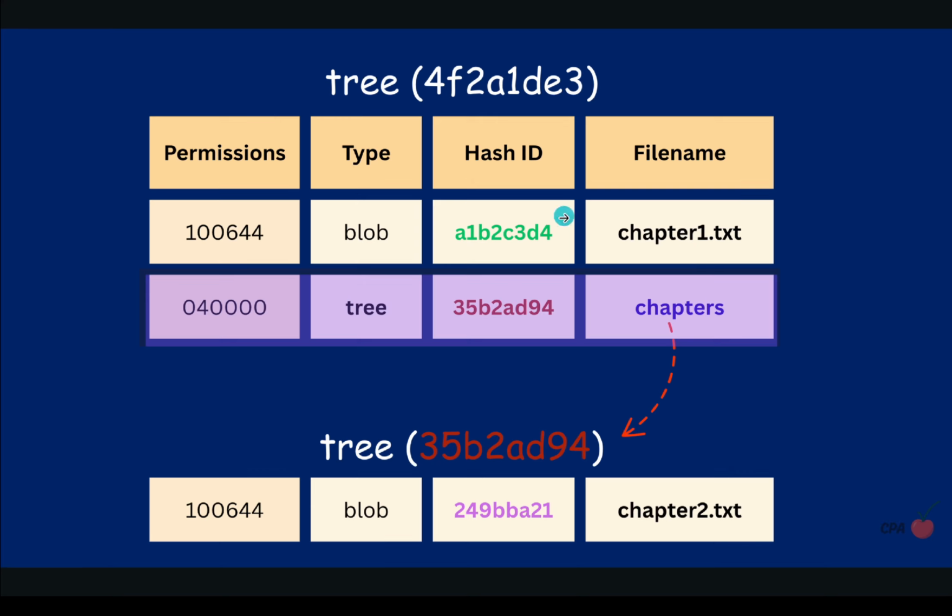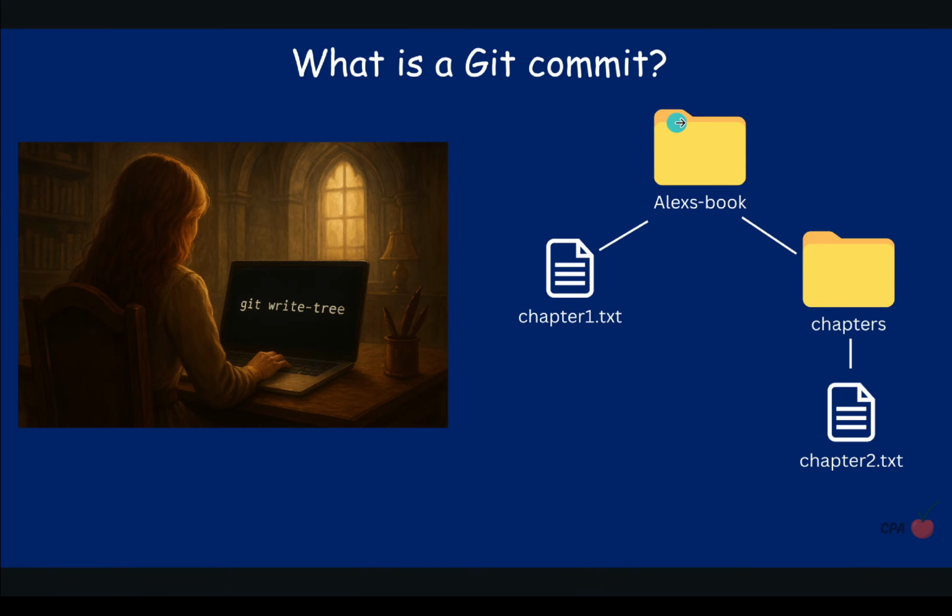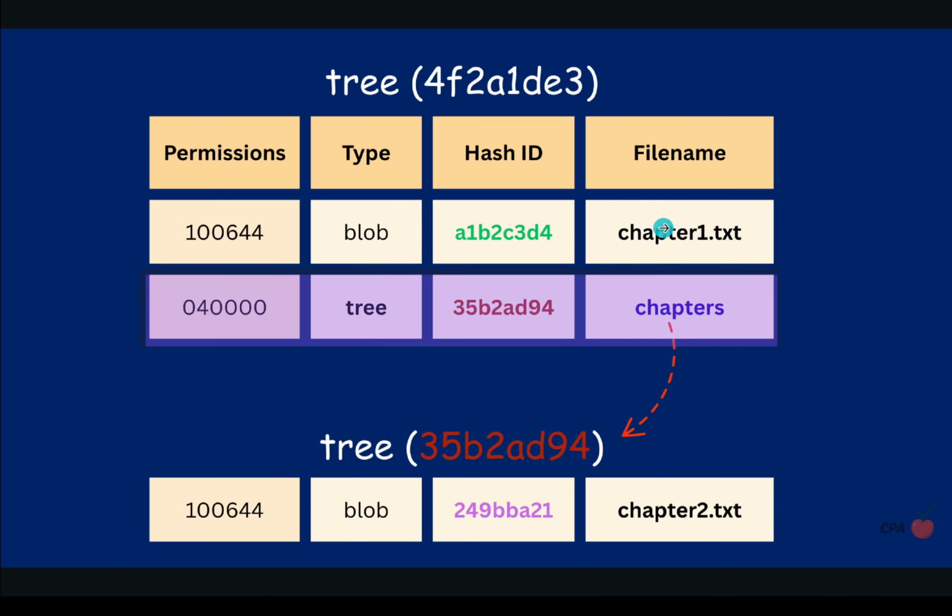Basically, it's a mapping with two entries, two rows, chapter 1 as well as chapters, because remember, our directory has basically at the parent level chapter 1 and chapters. In summary, when we have files, their type in Git is blob, and when we have folders, Git saves them as a type tree.